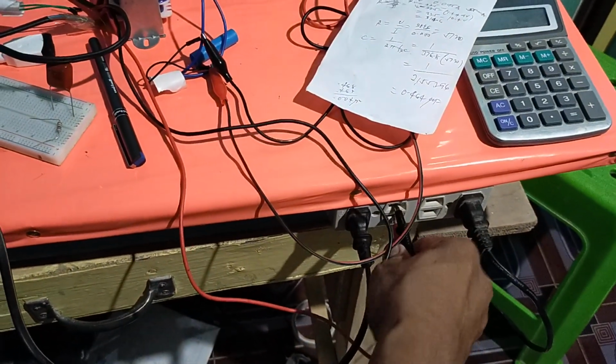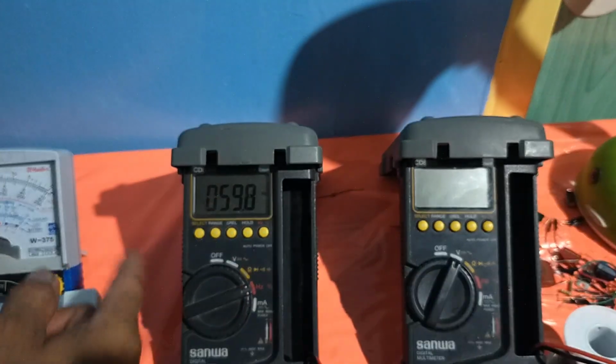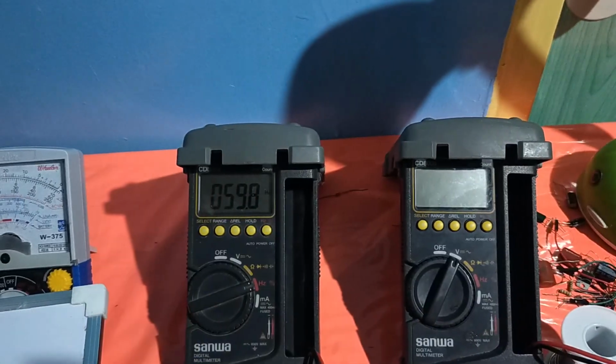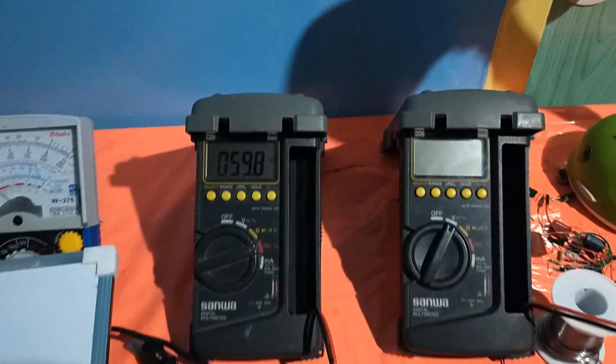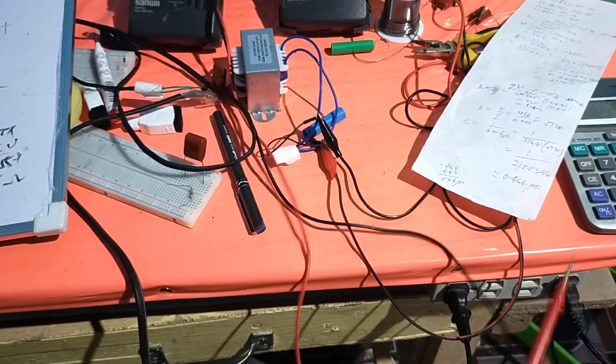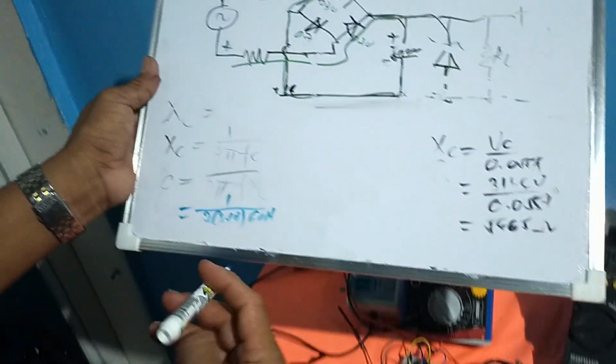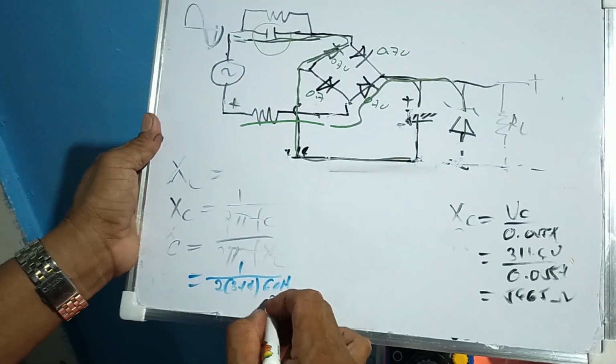Then insert the two test rods to the outlet in such a way that the frequency is displayed, and it is 59.8 Hz or 60 Hz. That is now actually the frequency distributed by the electric company in the Philippines, 60 Hz. So therefore we have here the frequency is 60 Hz.